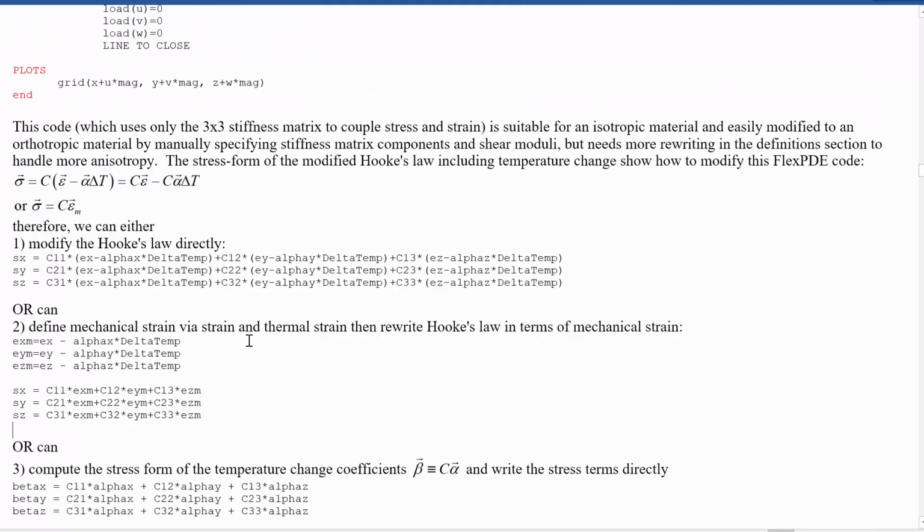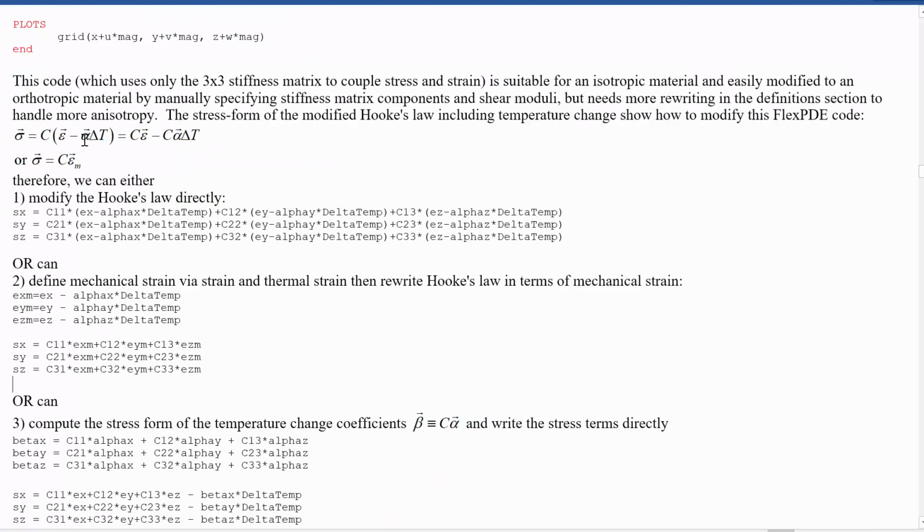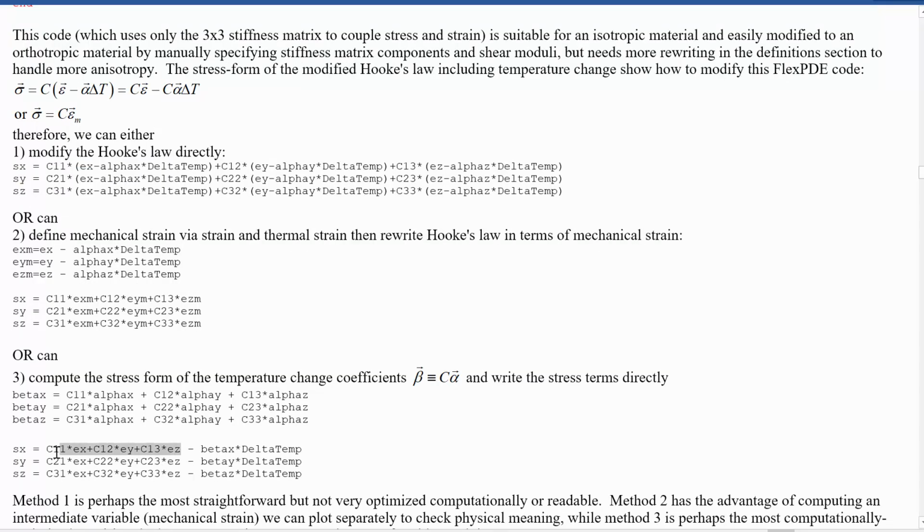Or perhaps we could multiply C times alpha delta T and consider this another term to subtract off from the original C times epsilon part of this equation. That would be forming this maybe beta thing defined as C times alpha, form this vector, and then write out what that is as an addition to the stress in each of the directions.